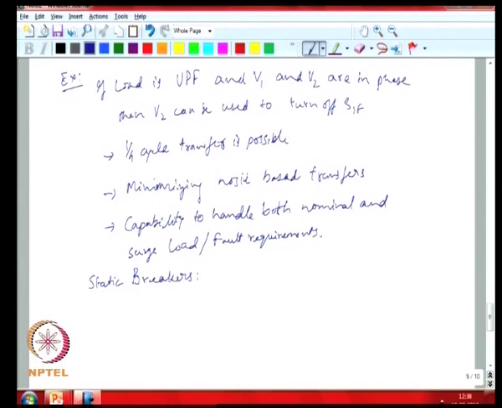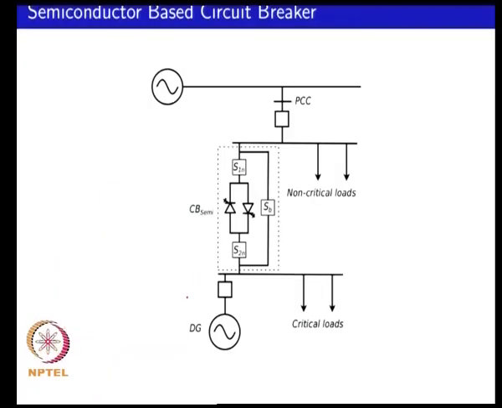Your duration and delays might be longer than a quarter cycle, it can be 1 to 2 cycles. So, the configuration of a semiconductor based circuit breaker is shown over here, where you have the semiconductor based breaker with switches for normal operation and a switch for bypass operation, depending on how you want to operate your system.